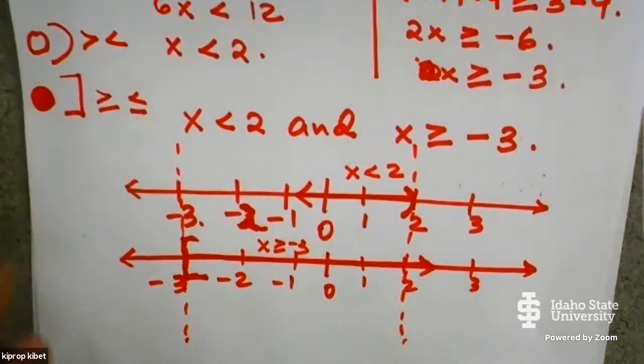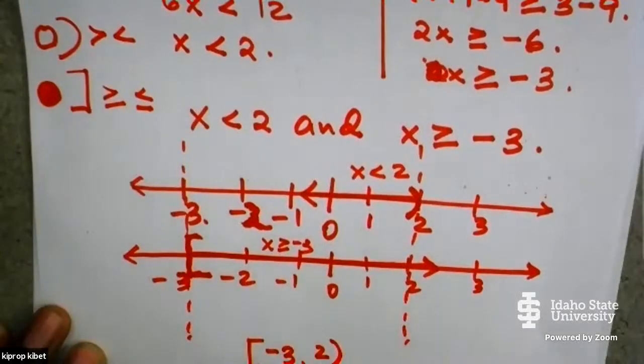So they should be within that region for and. Therefore, finally, what is our interval notation there? Bracket -3, 2. So bracket, -3, 2, and then what? Parentheses.